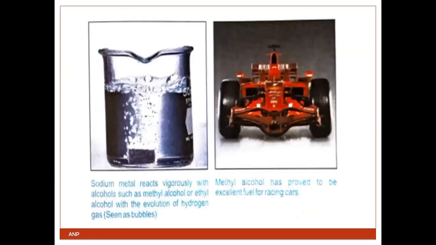Sodium metal reacts vigorously with alcohols such as methyl alcohol or ethyl alcohol with the evolution of hydrogen gas seen as bubbles. Methyl alcohol has proved to be an excellent fuel for racing cars.